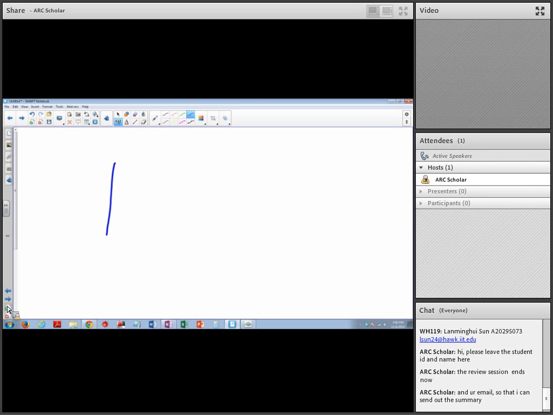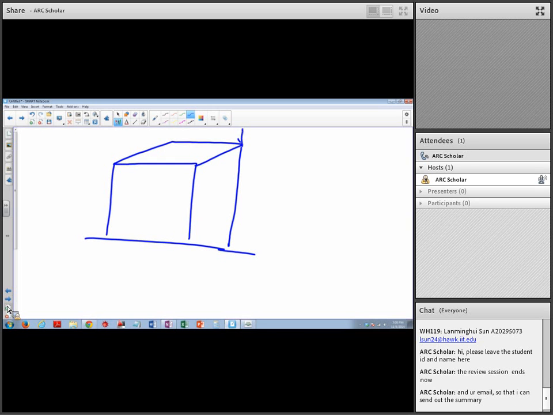So if this is the case here, if my force is applied at one point here, and if I cut it here, okay, so this is my cross section.